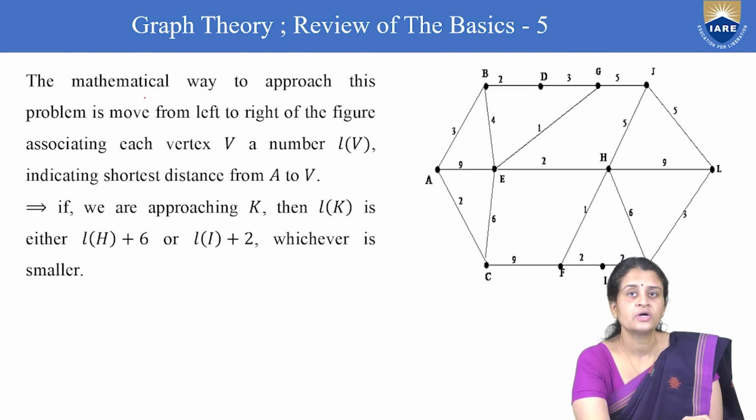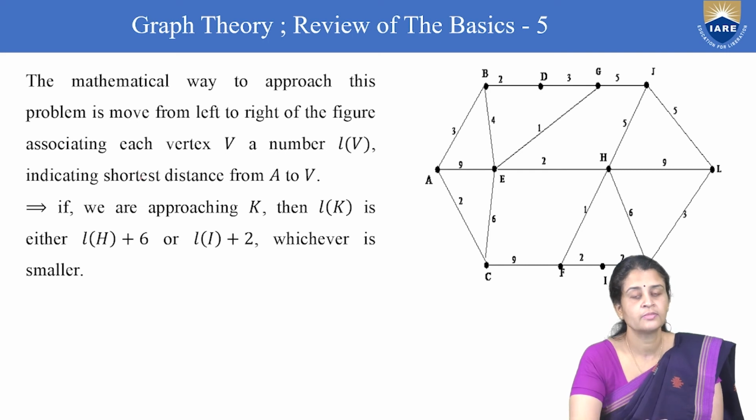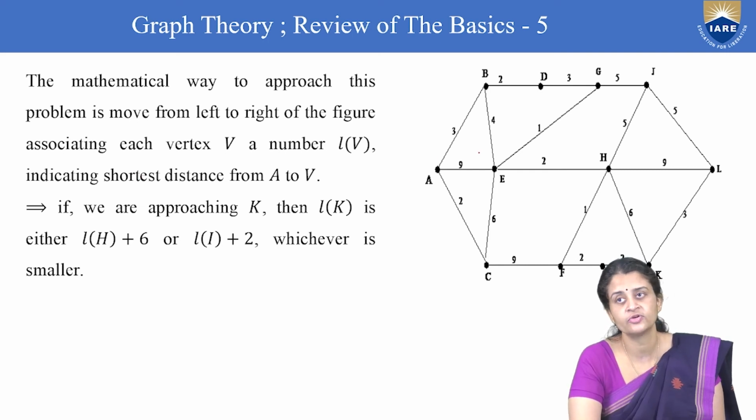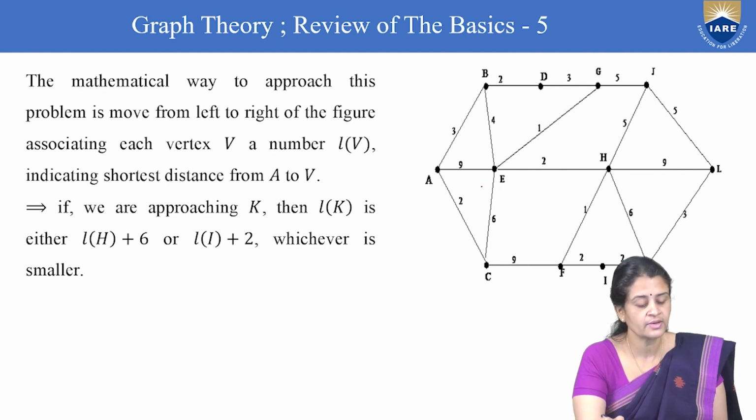The mathematical way to approach this problem is to move from left to right of the figure. We assign to each vertex V a label L of V, indicating the shortest distance from A to V. For example, if we are approaching this vertex K, then L of K is either L of H plus 6 or L of F plus L of I plus 2, whichever is smaller.